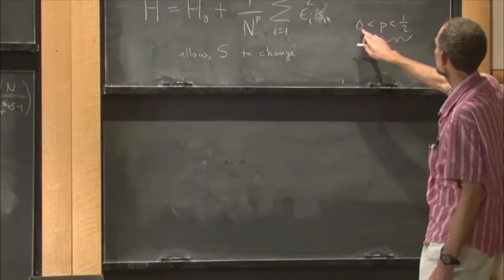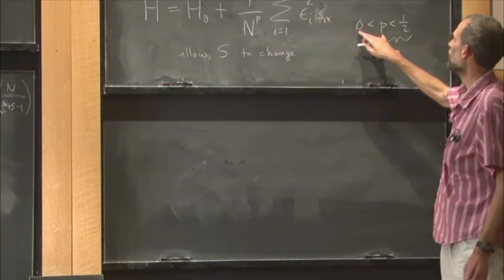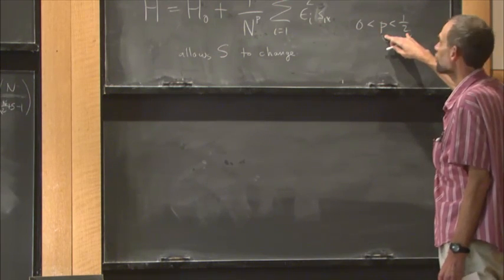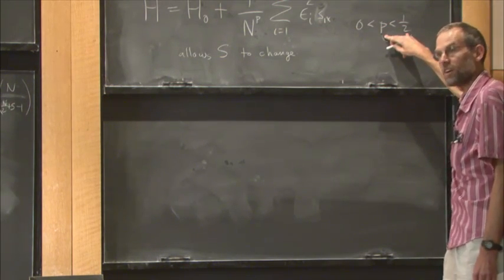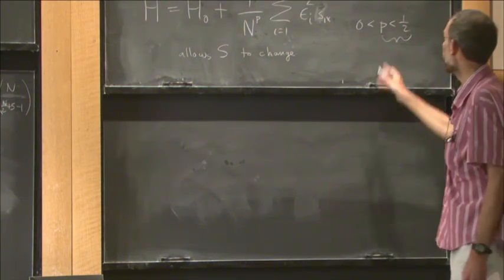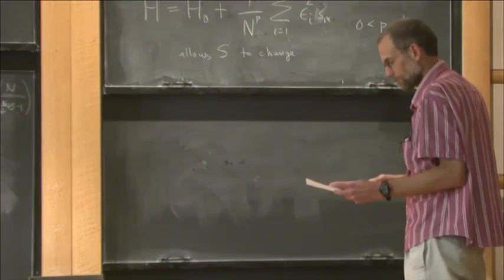This is saying the perturbation on a single spin is small and vanishes in the thermodynamic limit. This is saying the perturbation on the many-body system becomes large. That's the essence of why I think these are the right inequalities.